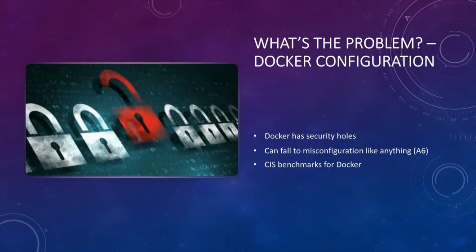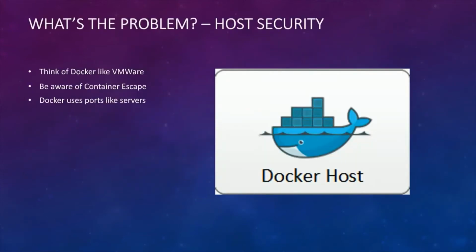And then finally, the actual host security itself. Like I said, securing the host. People have probably heard of VM escape vulnerabilities, meaning if you're running VMware in your environment, there have been vulnerabilities in the VMware software that would allow someone to escape from one VM to another and get access to a box that they normally shouldn't have access to or communication with.